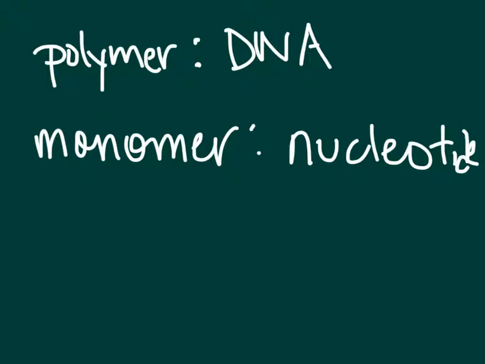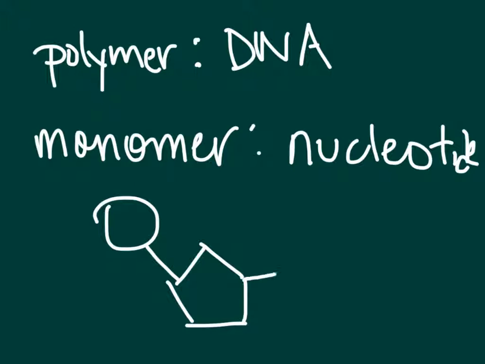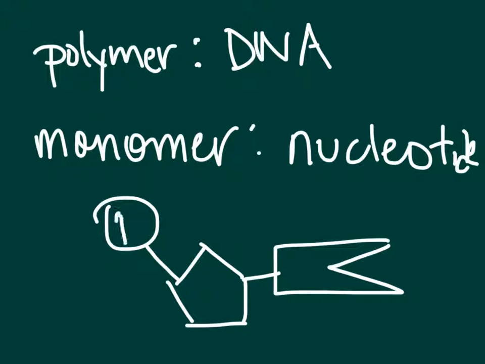Every nucleotide has a basic structure. Every nucleotide is composed of a phosphate group that we've labeled here as P, a 5-carbon sugar, which is deoxyribose.